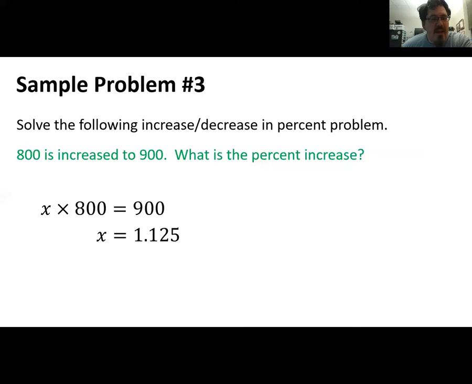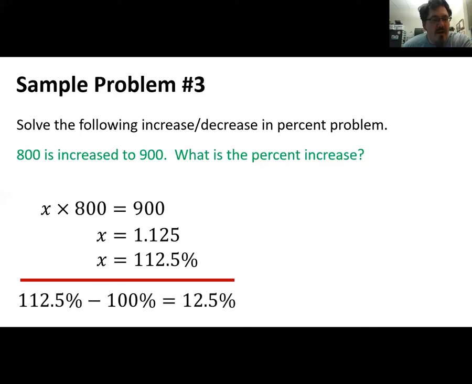1.125. Now, that's the decimal version. Remember, we're trying to figure out what the percent is, so we're going to convert that to a percent by moving the decimal point 2 spaces to the right, and so that gets us 112.5%. Now, that's the overall percent. If we want to find just the increase portion of that, remember the original amount is always 100%. So we're going to take our answer and subtract 100% off of that.